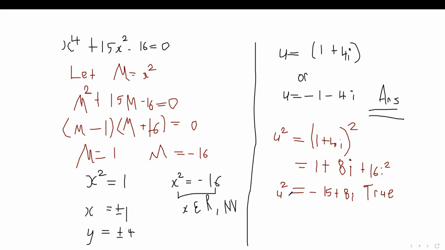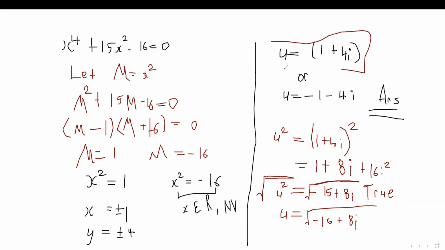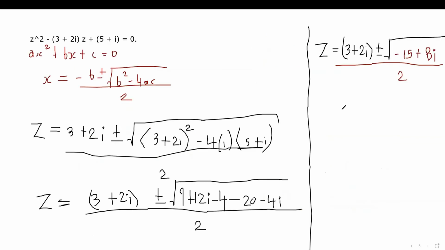If you square rooted both sides, the square root of minus 15 plus 8i would end up equal to u. What is u? U is what we found up here. U is 1 plus 4i or minus 1 minus 4i. So that's what we're going to substitute for the square root of this part.